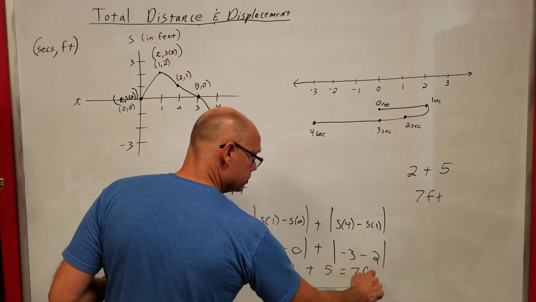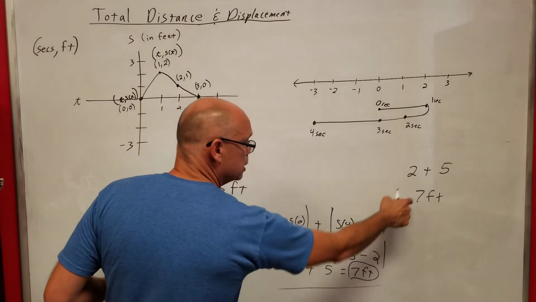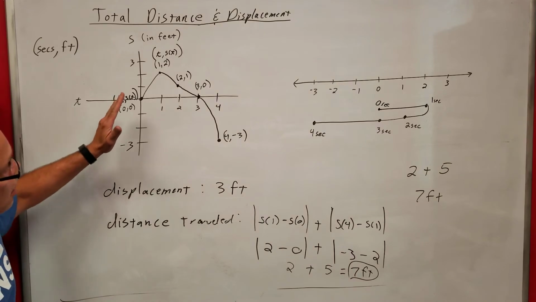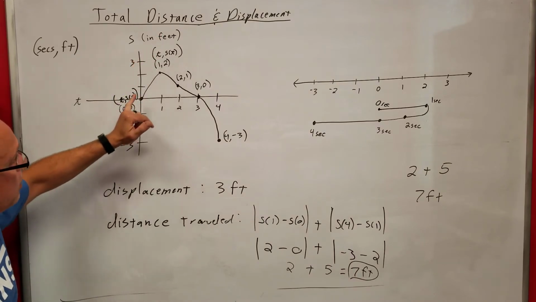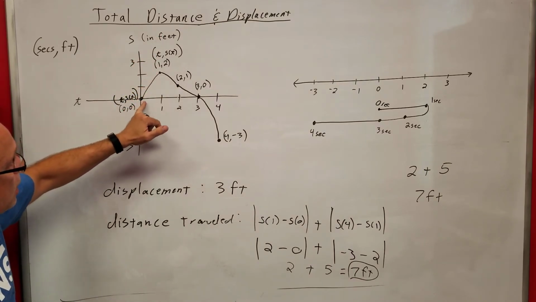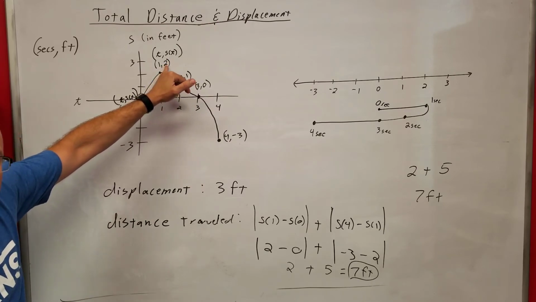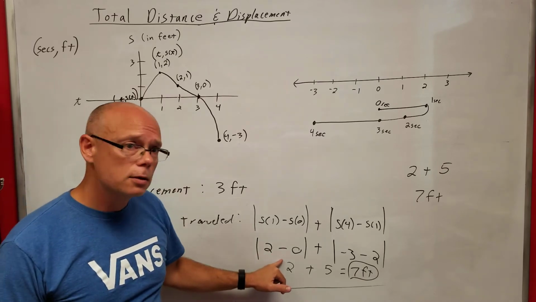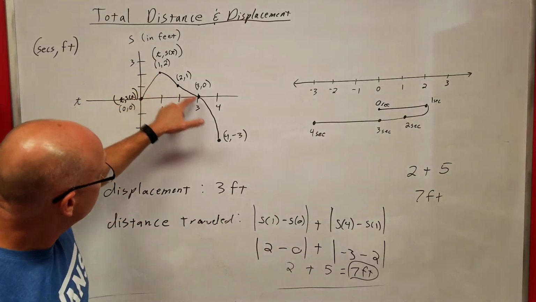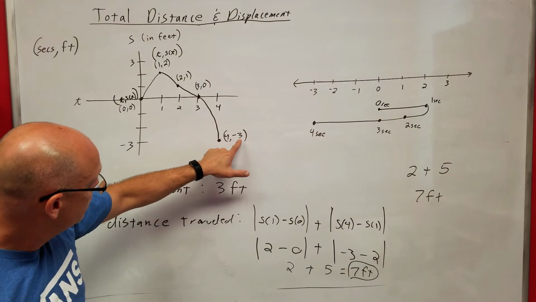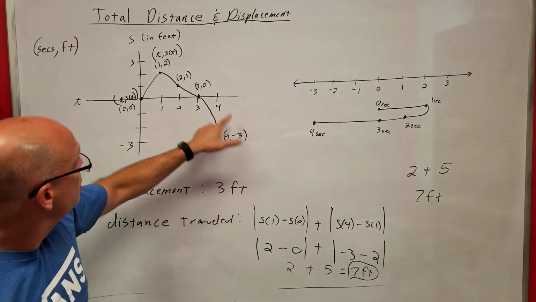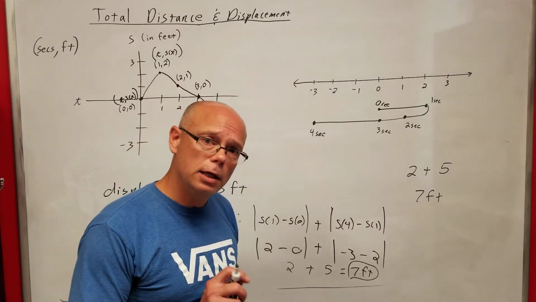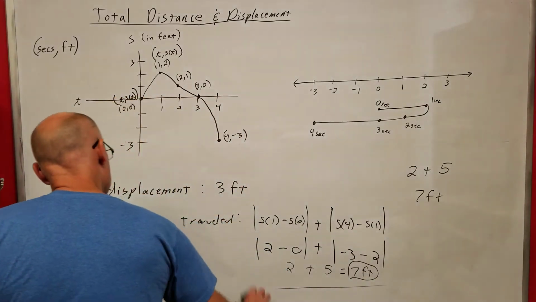So what does that give me? 7 feet. Same as we got before, right? So how do we do it again? The part where you're increasing, you do that distance. So it'd be the output minus output in absolute values, plus the part where you're decreasing, which will be output minus output in absolute values. Okay, keep that in mind whenever we work the next example.